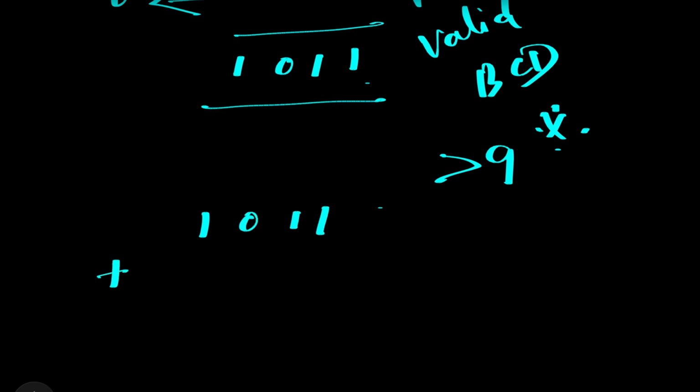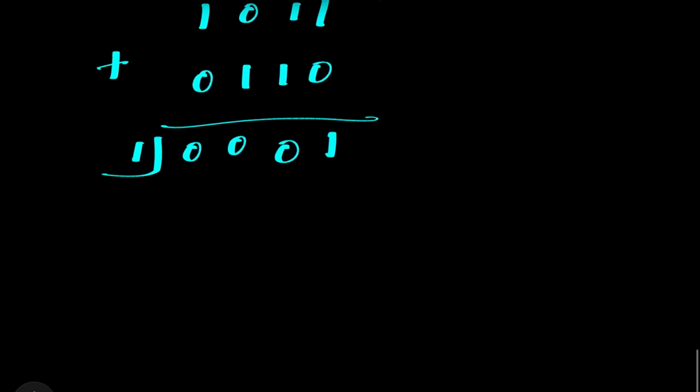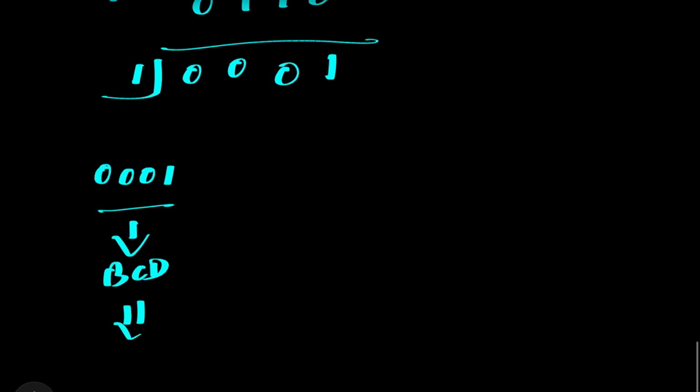So BCD correction can be applied by means of adding the resultant bits to 0110. So now what happened? 1, 0, 1, 0. Now 1, 0 and 1 will be put onto the carry. Now this 1, we simply append 001 to make it a 4-bit representation of the BCD, which is subsequently called the decimal 1, that is 0001.